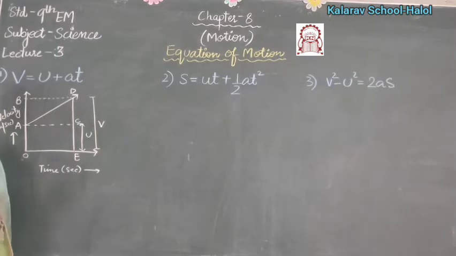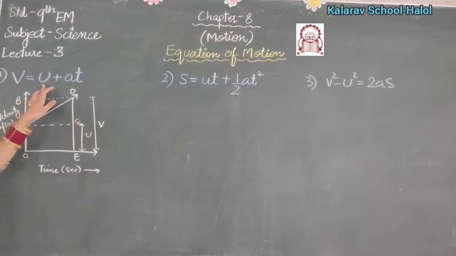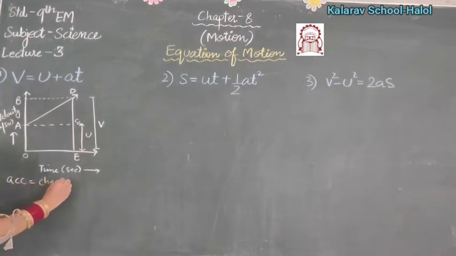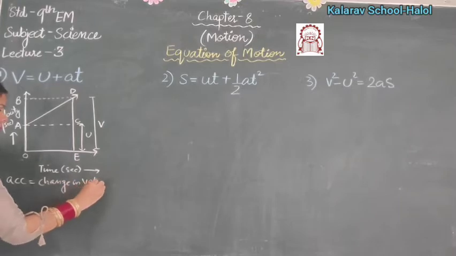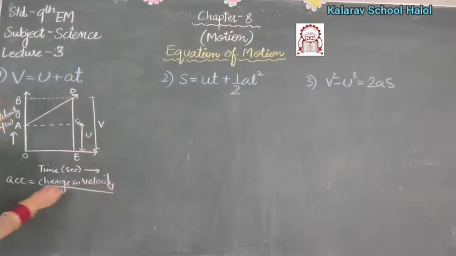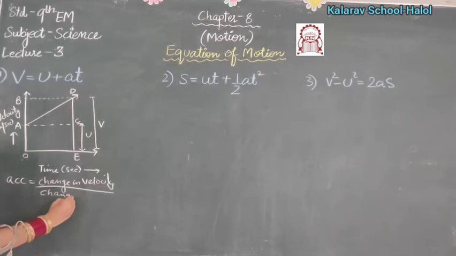So suppose a body is moving with initial velocity u and final velocity v. Here we have to first derive v = u + at. From this graph we have the components v, u and t. So we have to calculate acceleration. As we all know, acceleration is change in velocity over change in time.